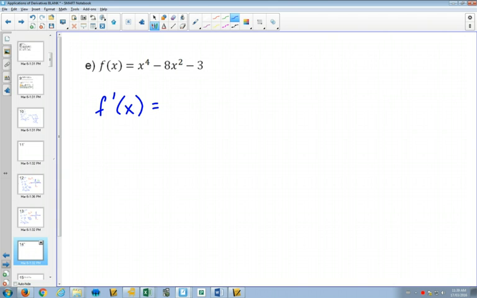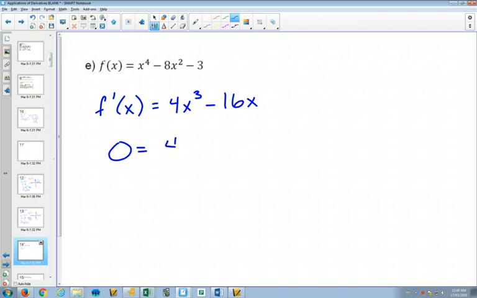You start off with your derivative. Your derivative in this case is 4x cubed minus 16x. Set that equal to 0 to find out if you have any stationary points, which are your relative minimums and your relative maximums, because if your slope is 0, your tangent is horizontal.